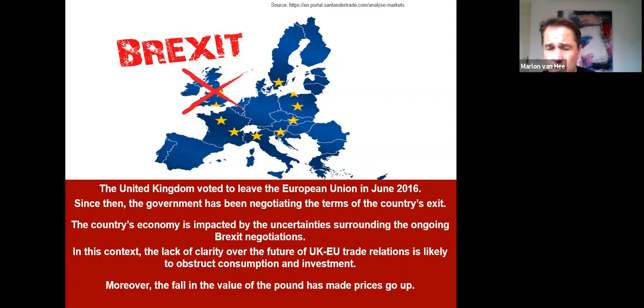There's still a lot of uncertainty. The biggest fear is that there is not going to be a good deal, actually like a no deal. If there's going to be no deal, it seems that the impact on the UK economy is going to be really, really high and a negative one. So still negotiating a lot and still uncertainty.